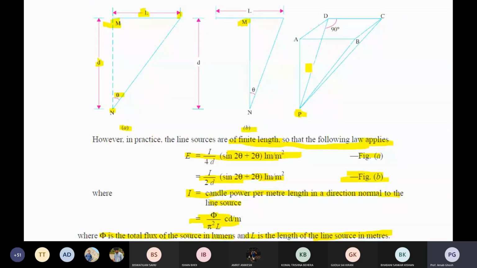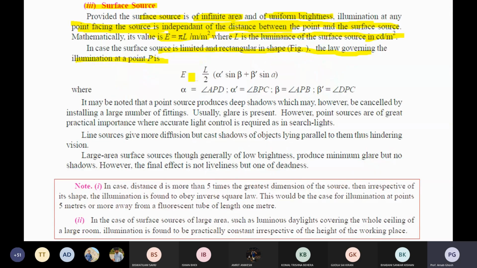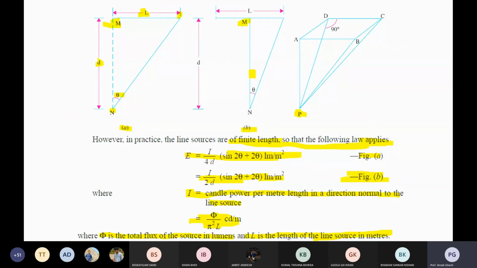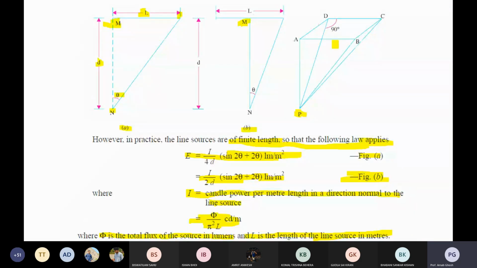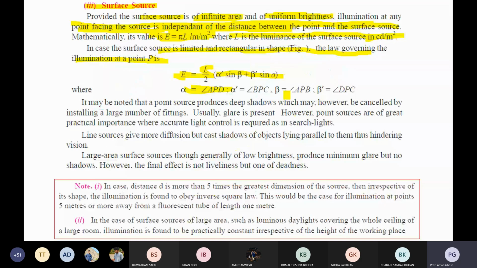It is like that formula. Alpha you can consider equal to angle APD, and alpha dash equal to angle BPC. This angle is your alpha, and this angle BPC is your alpha dash.